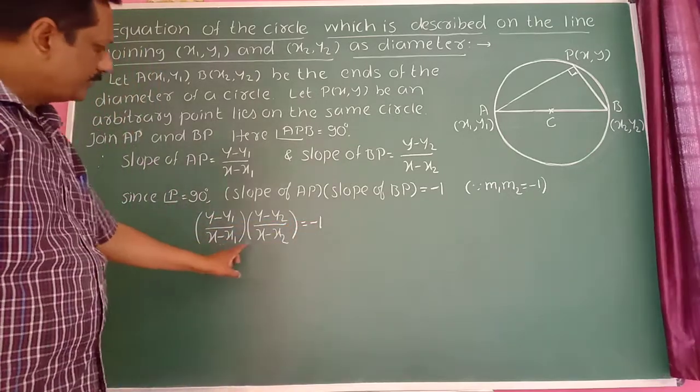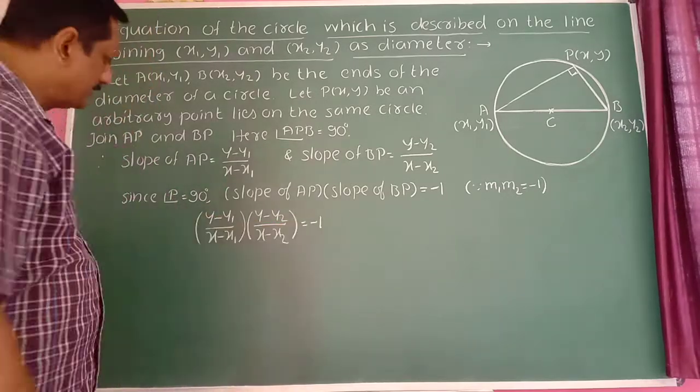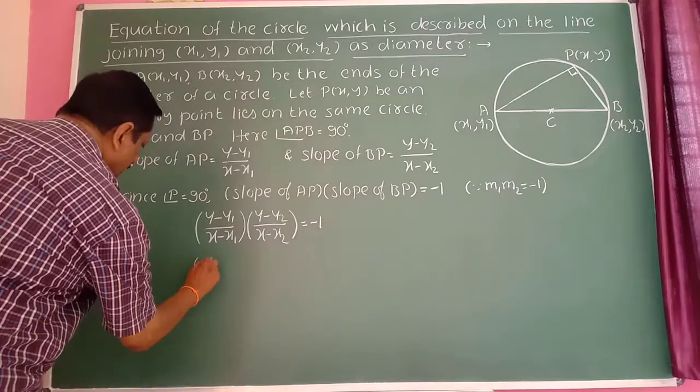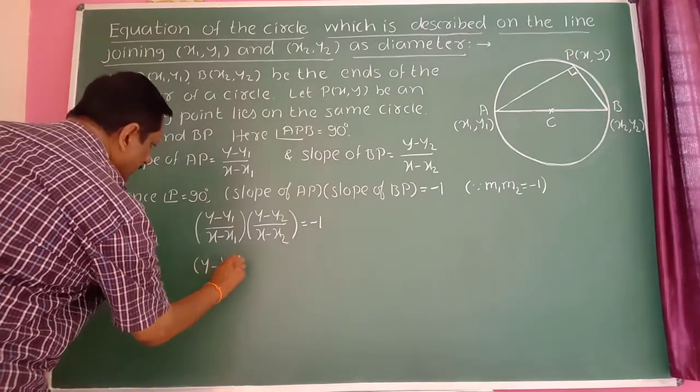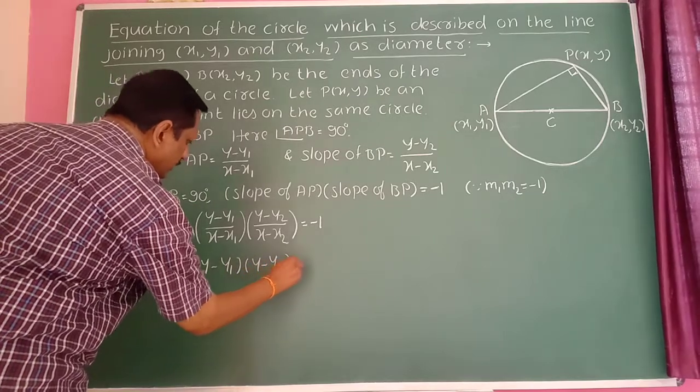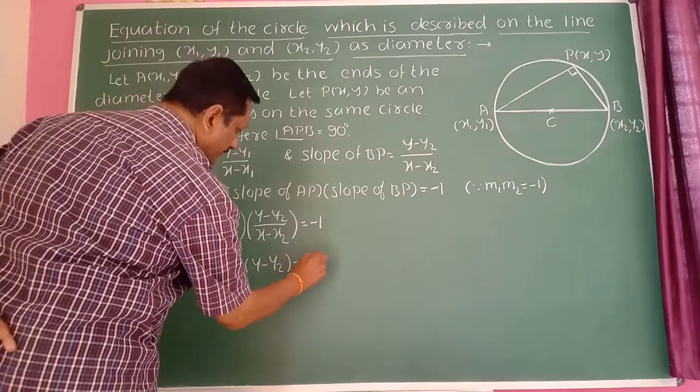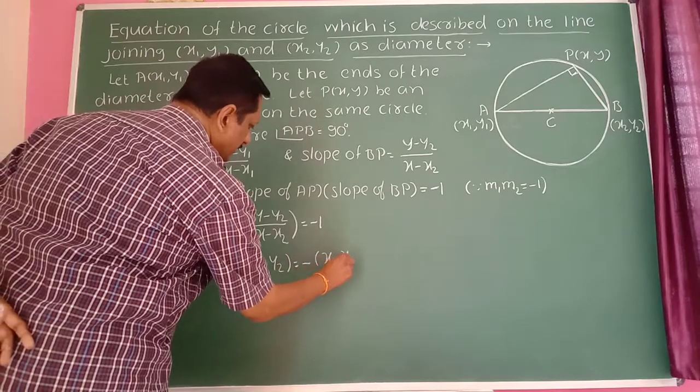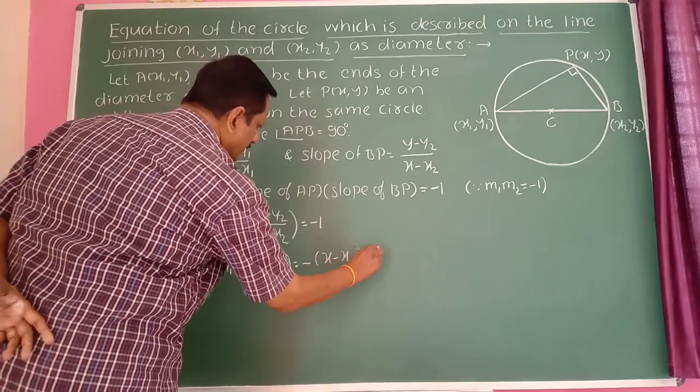Take the denominator terms and cross multiply. So we get (y minus y1) into (y minus y2) is equal to minus (x minus x1) into (x minus x2).